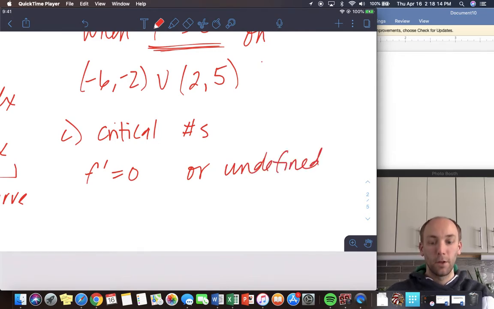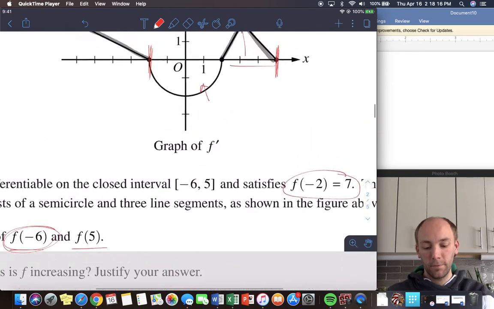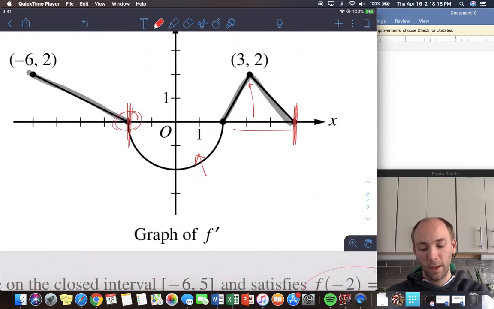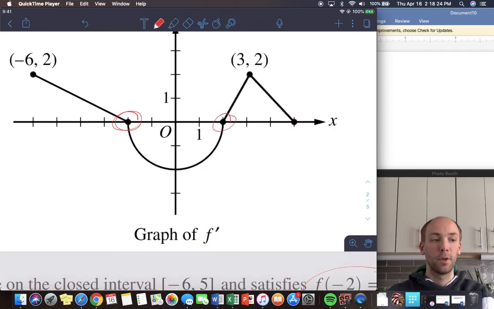So the derivative is equal to 0 at 2 different places, at -2 and at 2. But if I want to find a minimum, then the minimum will only occur when the derivative changes from negative to positive.